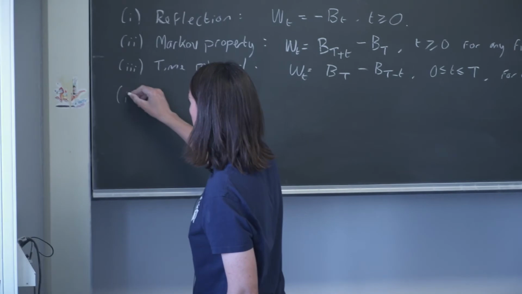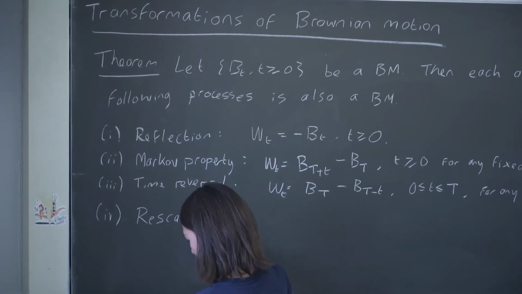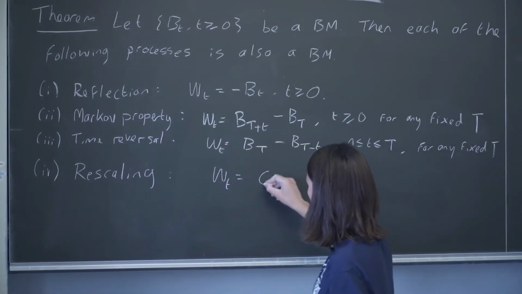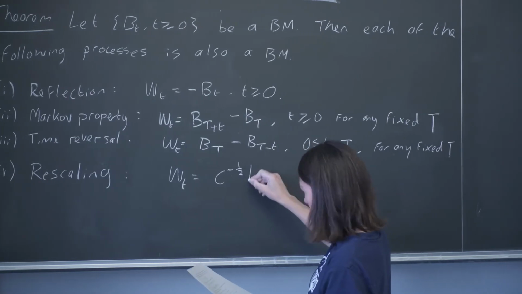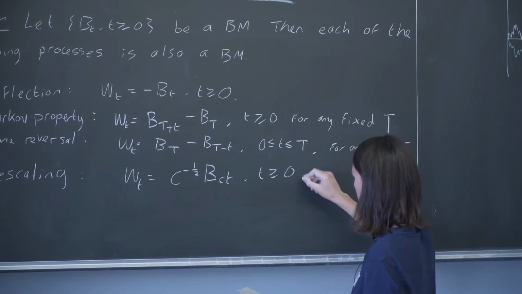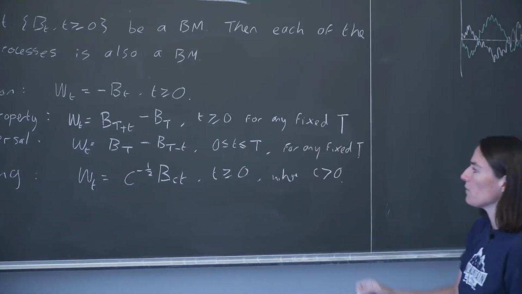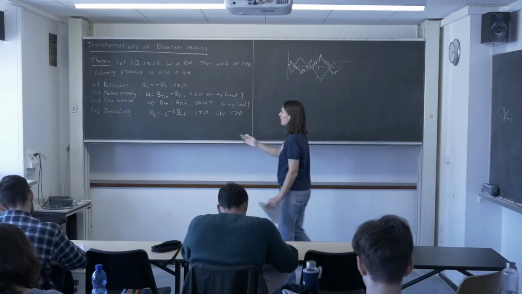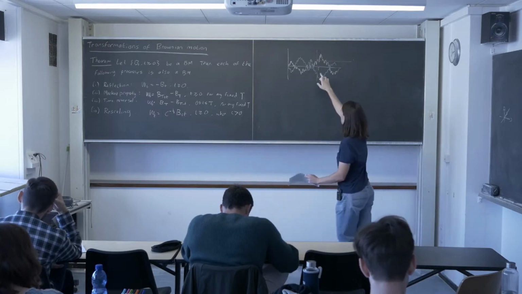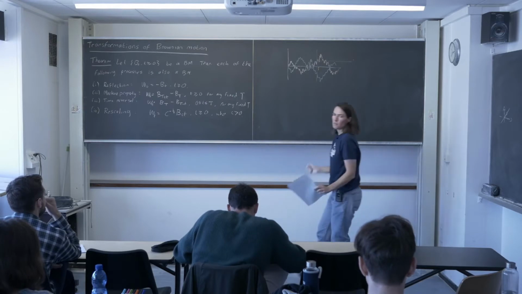Next one is rescaling. So W_t is equal to c to the minus half B_{ct}, where c is greater than 0. What I do with this one is take my Brownian motion and change my time scale. You can think of that as stretching the time axis or shrinking the time axis, depending whether c is bigger or less than 1.